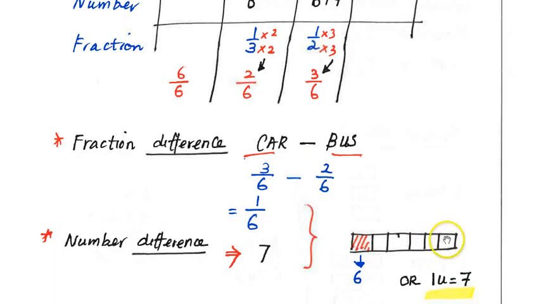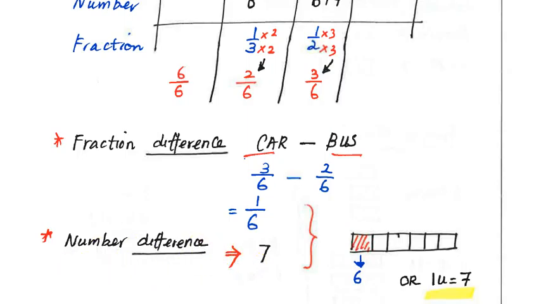7 parts. Okay, 1, 2, 3, 4, 5, 6, 7. Just make sure it's 7 parts. Sorry, 6 parts here. 1 U is 7. Just hold on first. I think I made a slight mistake. Just hang on.